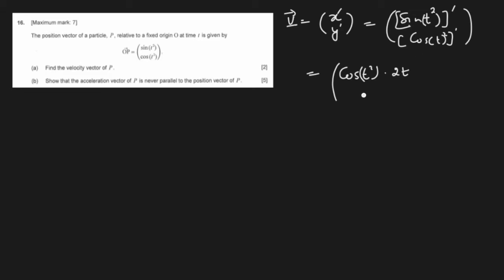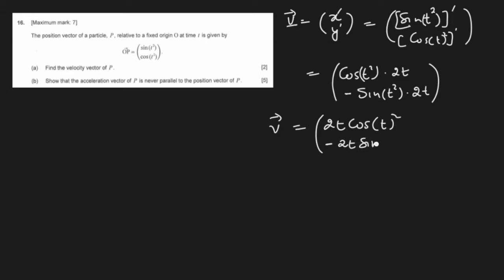Then similarly here it will be minus sine t squared multiplied by the differentiation of the angle. In simplest form, we can write that the velocity vector is 2t cos t squared and minus 2t sine t squared.